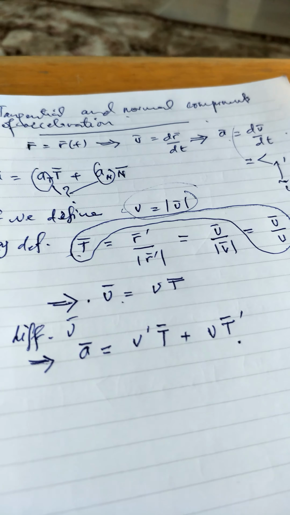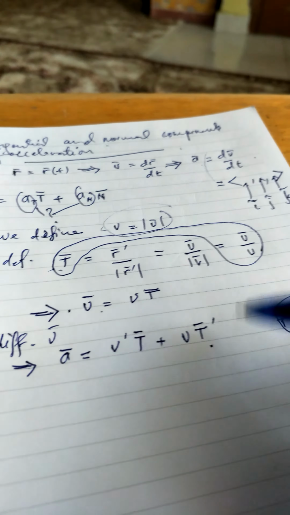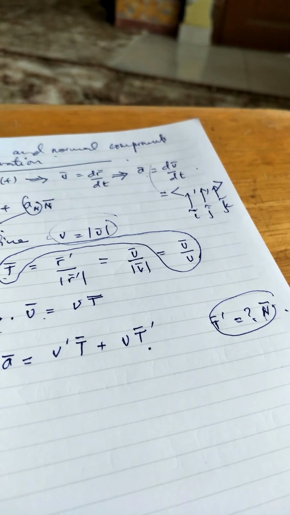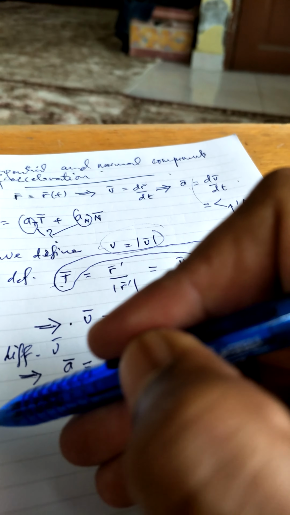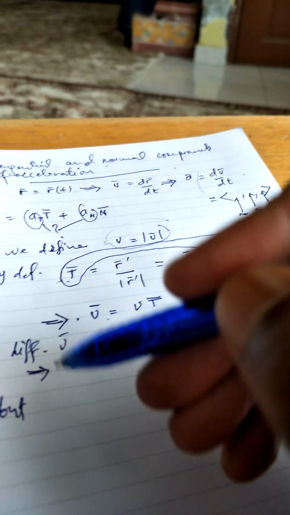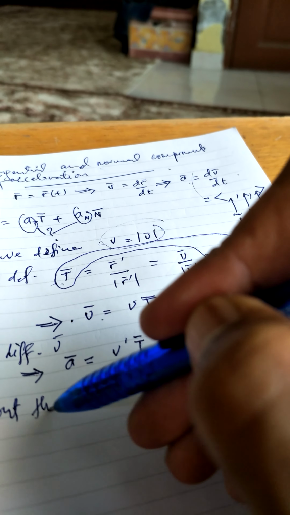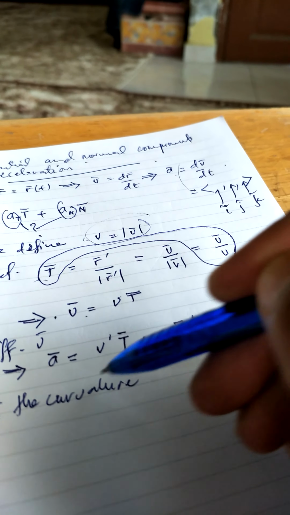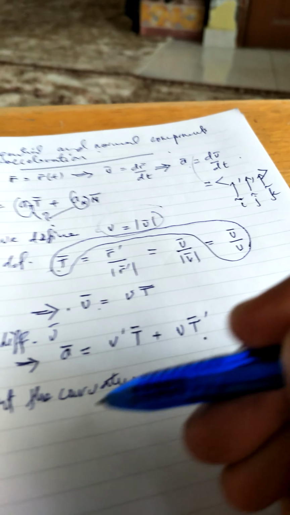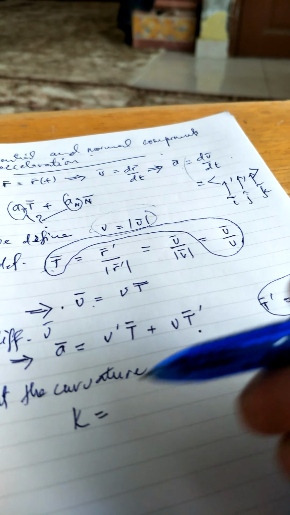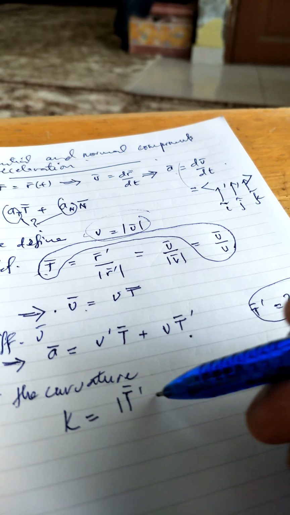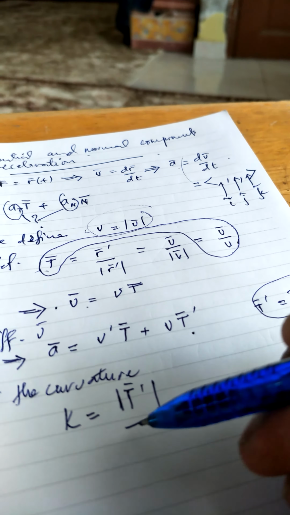Now, let's do this. How can we relate T prime with other definitions that we already know? If we use the definition of curvature, we define curvature as kappa equal to magnitude of T prime over magnitude of r prime.